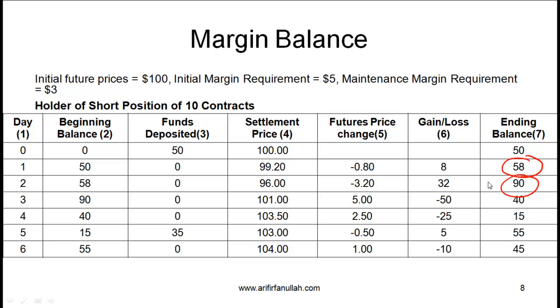Notice that on the earlier slide we initially had the ending balance going down for the long, but in the case of the short, the ending balance is going up because the short benefits when the prices are going down. However, when prices start going up, then the short is suffering because prices going up is bad for the short position.